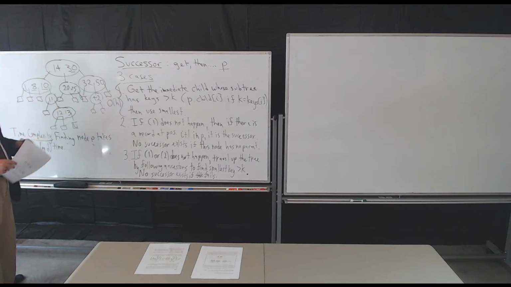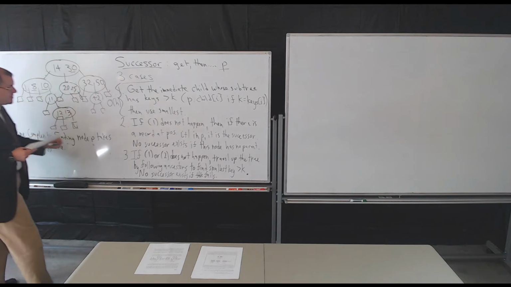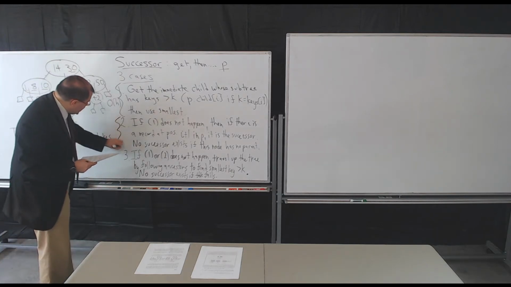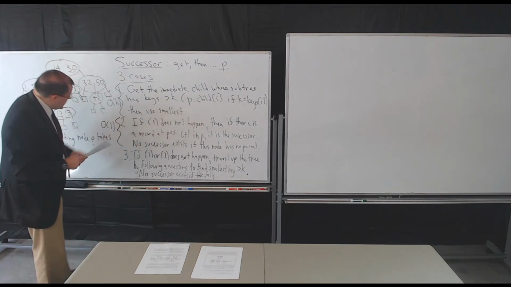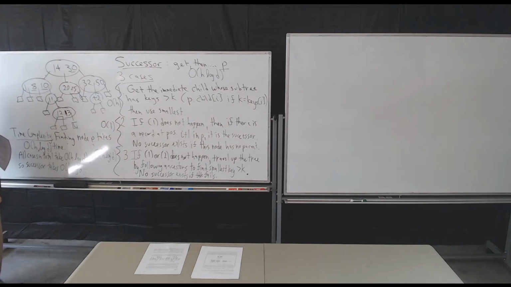Case 2, if that doesn't happen, what happens otherwise? Okay, well, if I know I don't have an immediate child, say right here, then I know it's immediately to my right, if it exists, right? This should take constant time. That takes constant time to do. How about 3? Does everybody see that?